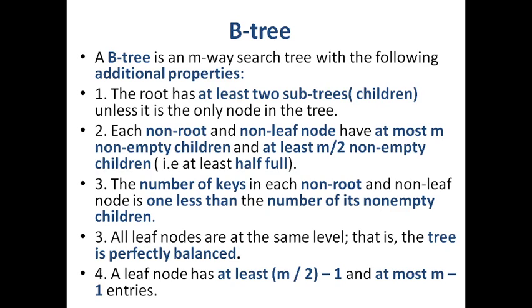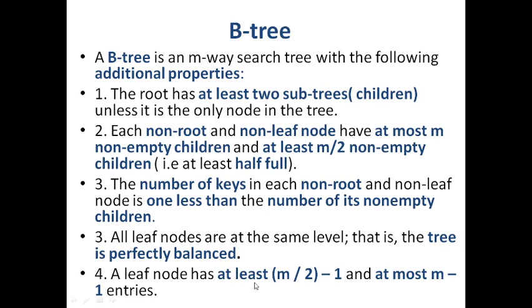And the last condition is that a leaf node has at least m by 2 minus 1 and at most m minus 1 entries. Remember that this condition is different for non-leaf nodes. For all the non-leaf nodes, the maximum number of entries is m minus 1. That is just retained from the M-way tree. So for every node, the maximum entries is restricted to m minus 1.